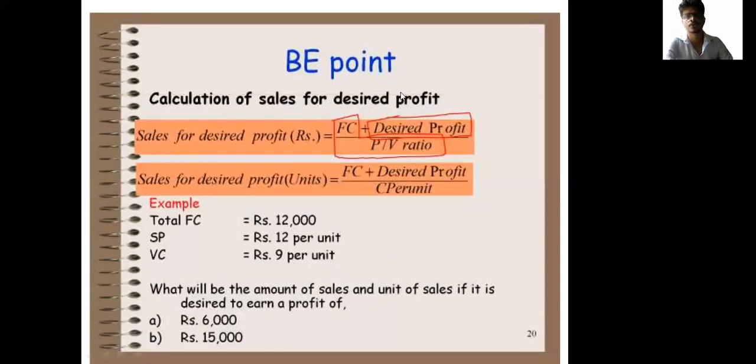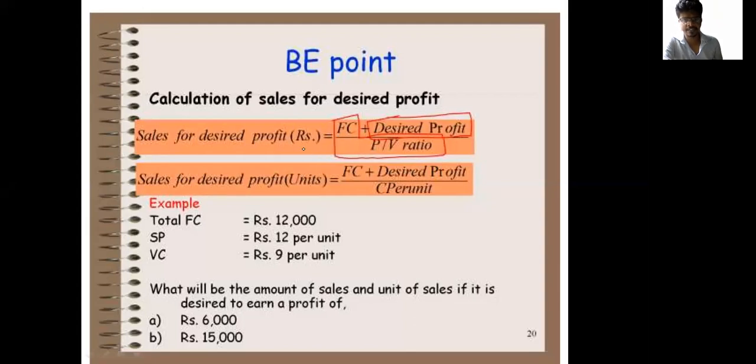Now sales for desired profit. The sales that must be achieved to obtain a desired profit can simply be calculated by using this equation.